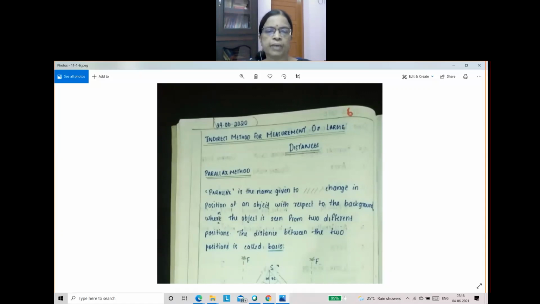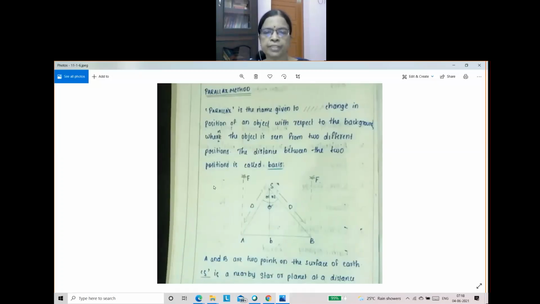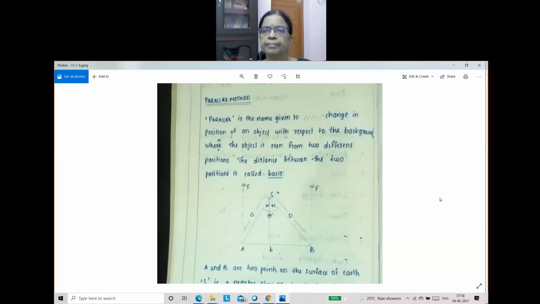Children, you can write that. What is parallax? That answer is here. And explain how you will measure the distance of a star from the surface of the Earth by the parallax method. I think you understood, children.